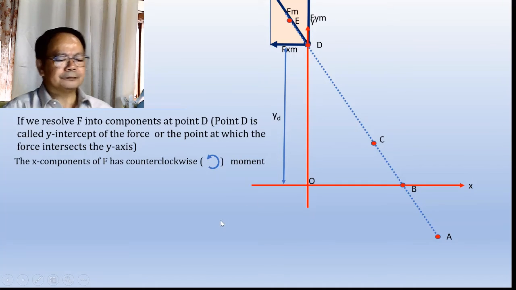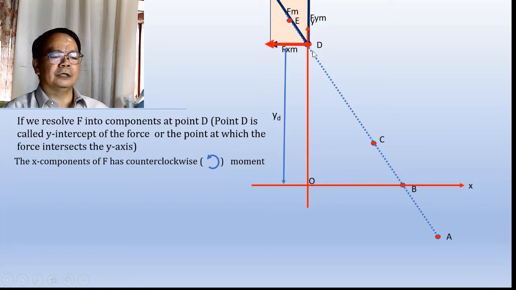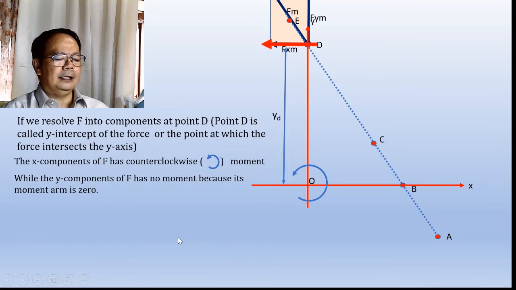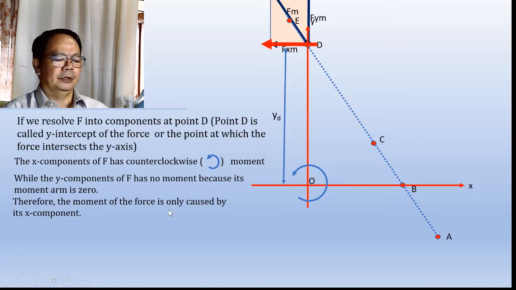So this force will now be producing a counterclockwise moment about O, and the moment of the force is only caused by the x component. As such, the moment of the force can be computed as the product of F sub x sub m multiplied by the moment arm, which is equal to y sub d.